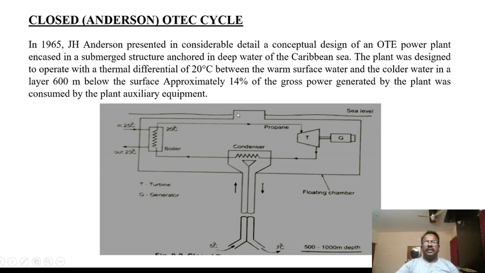So this is the sea level water, and approximately 600 meters below, you will find the hot water region. Now, beneath this, if you go further, up to 1000 meters depth, you will find the cold water region.